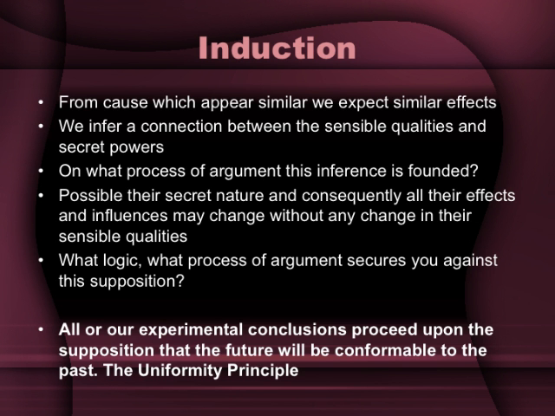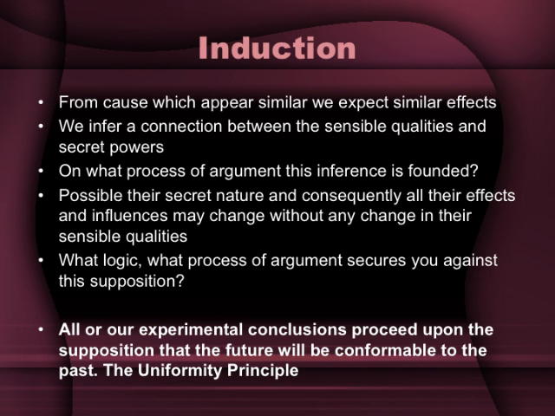The uniformity principle is the belief and superstition that the future will always conform to the past. This becomes the secret premise that people use to argue or to use induction to future events. They all have this hidden agenda, this hidden uniformity principle that the future will resemble the past.